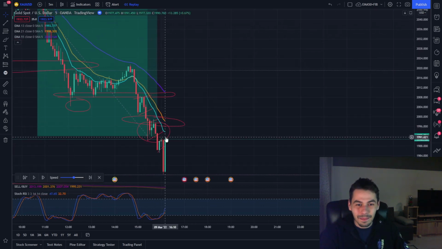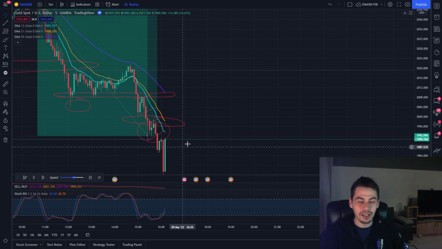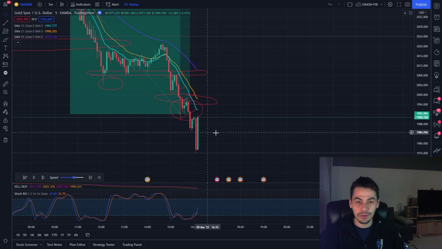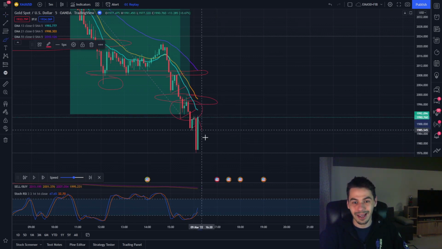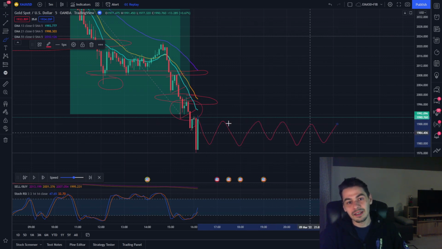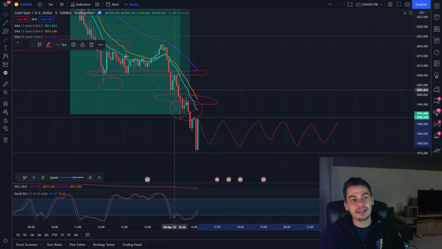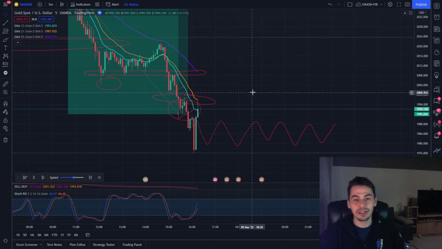And again, don't move your stop loss. As you can see, this is a huge bullish reversal candle, which will signal at least a range in this area, guys. So seeing this, leave your stop loss as it is. If the market takes it out, so be it. Yeah, okay, so the market took it out.